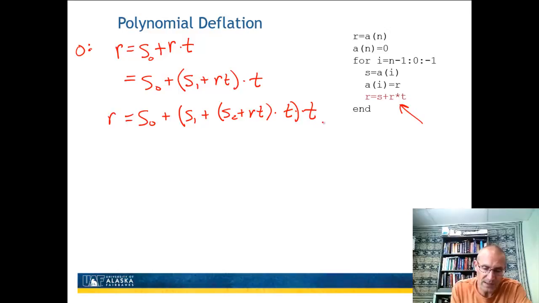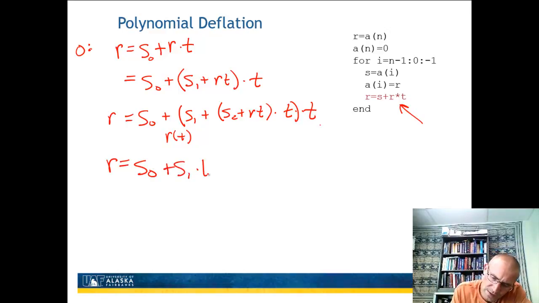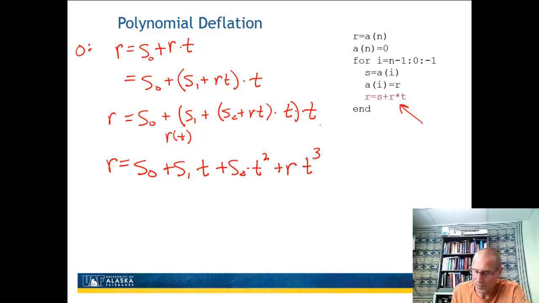This is r as a function of t, and so I can go ahead and take the derivative of that. Let's multiply this out first to see it. So r is going to be s0 plus s1 times t plus s2 times t squared plus r times t cubed. All right.